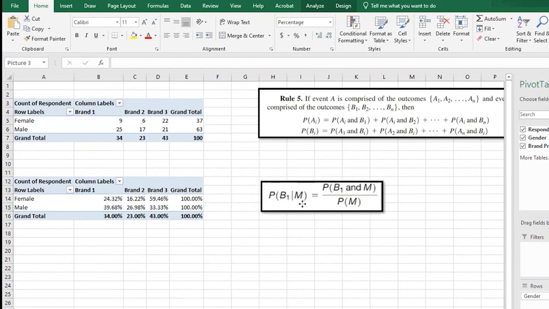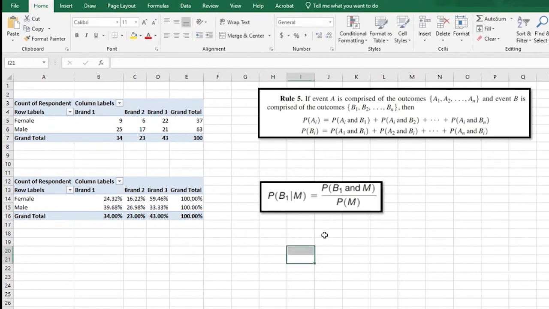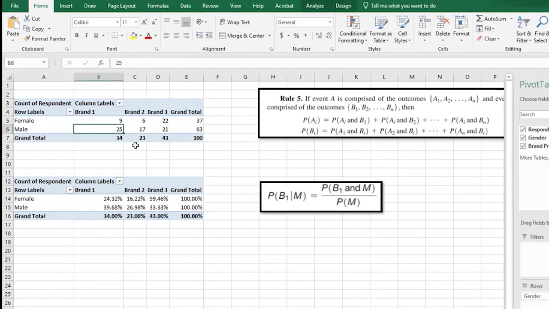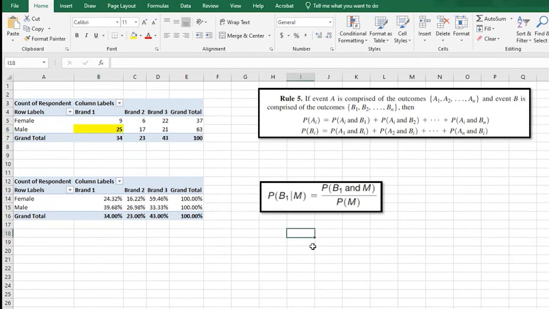But if we were trying to do this manually based off of this formula, what we would do is look for the intersect of brand one and male in the frequency table. So that would be this value we have here. Let me highlight that in yellow. So that's that intersection of B1 and male. And then the probability of male. So we're just looking at the marginal probability of male. So we're focusing on the grand total portion here on the row. That is 63/100. So the numerator part that I have highlighted is 25/100.